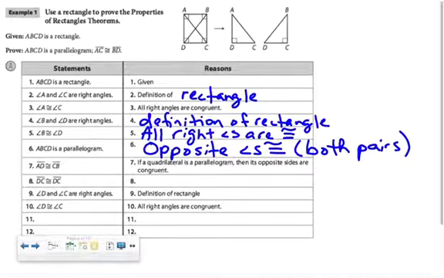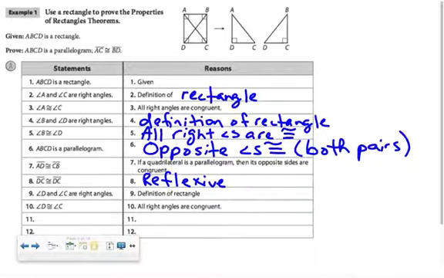So AD is congruent to CB because they're opposite sides of a parallelogram. I know that DC is congruent to itself because of reflexive. Angles D and C are right angles. We already knew that. That means angles D and C are going to be congruent for the same reason. All right angles are congruent.